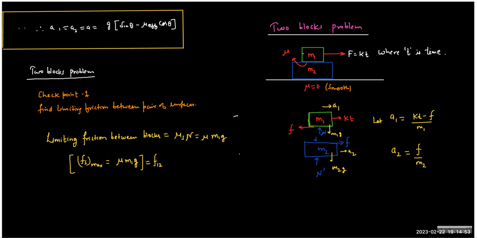Then we'll take case one. So the next part is called assumption. So what is assumption? Let M1 and M2 be moving together. See, the friction between the blocks will act as a glue.